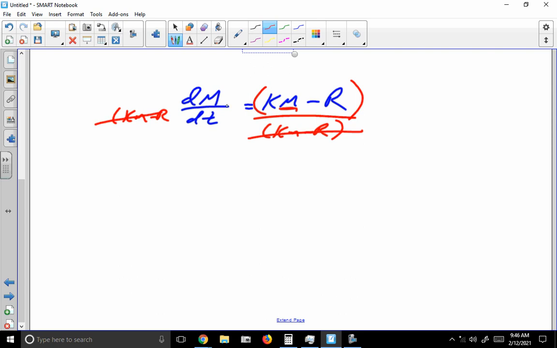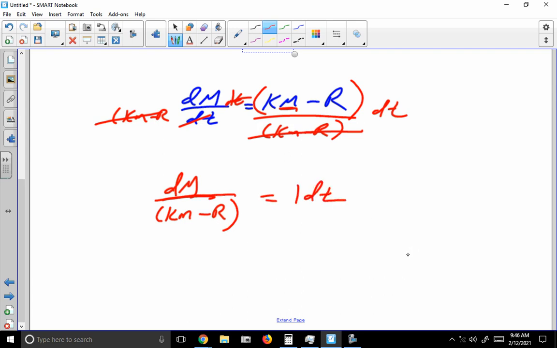So those cancel, and we can multiply both sides by dt. We get dm over km minus r, where k is the proportionality constant and r is the rate that we're taking fish out. And then we just have 1 dt on the right.